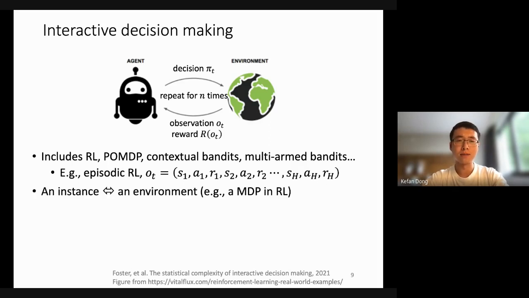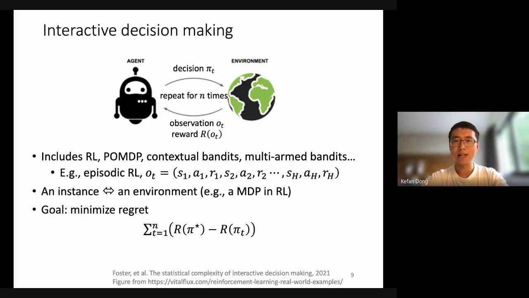And an instance here corresponds to a particular environment. So for Markov decision process, an instance means a particular choice of the transition function as well as the reward function. And of course, our goal is just to minimize the regret, which is defined to be the summation over the reward of the optimal decision minus the reward of the decision selected by the agent.